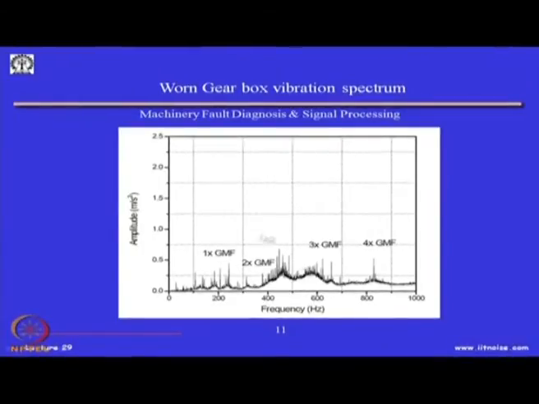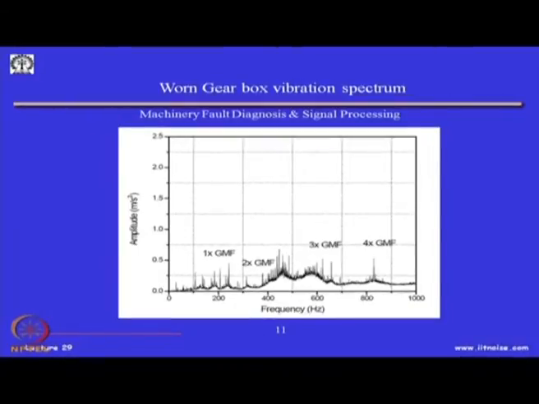Now, when we had a one gear case, the amplitude changes. In this case, I am showing you a comparison, though the amplitudes are from a different gearbox, so it is not fair to compare between the first graph and this graph, but there is a difference in the spectrum.